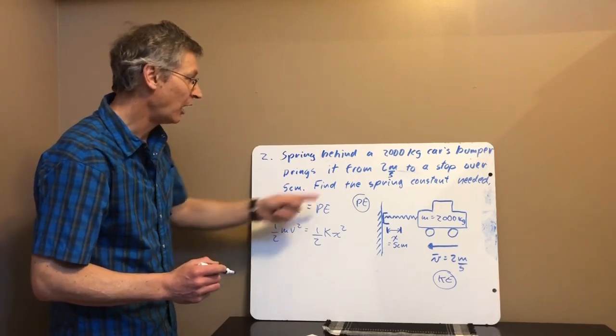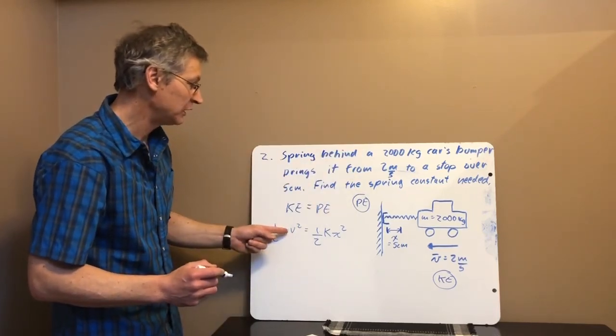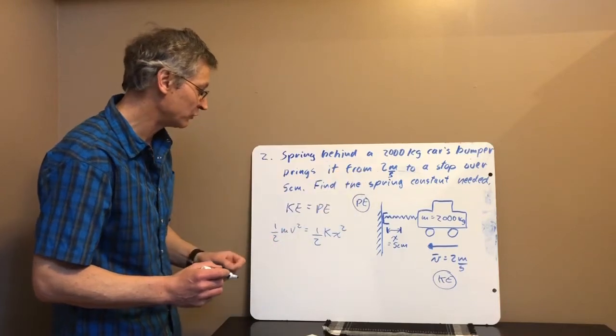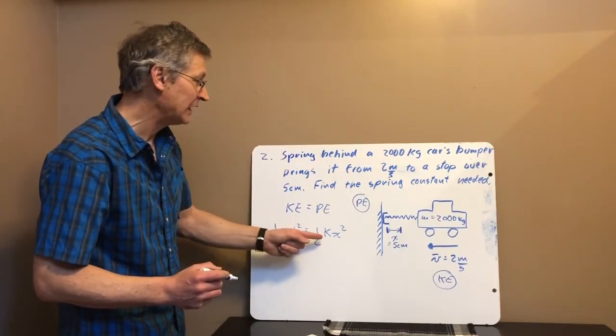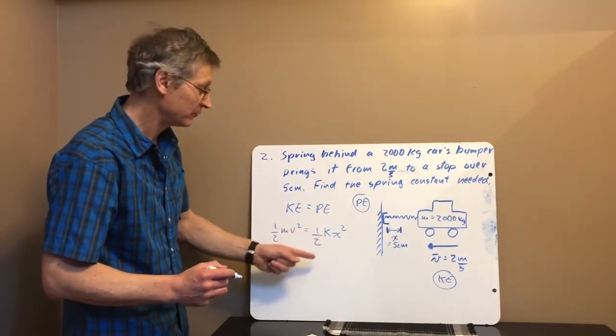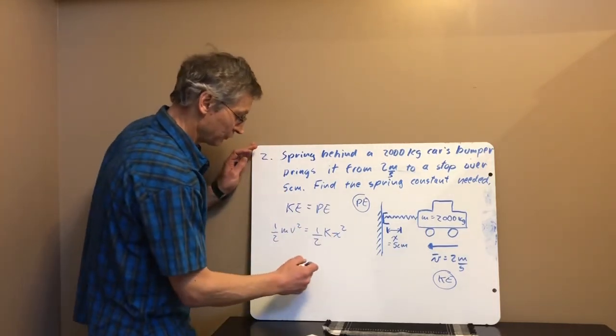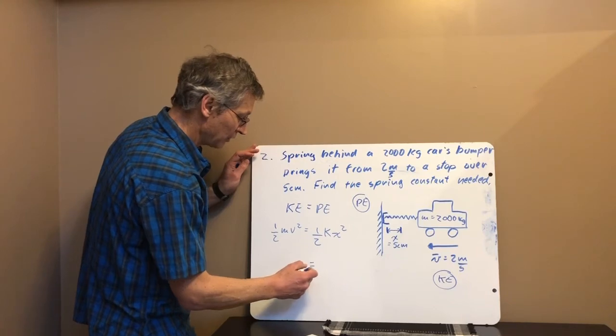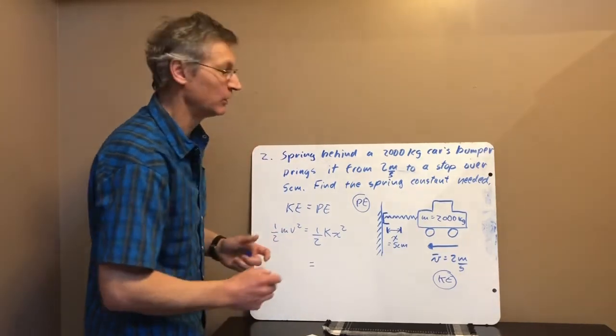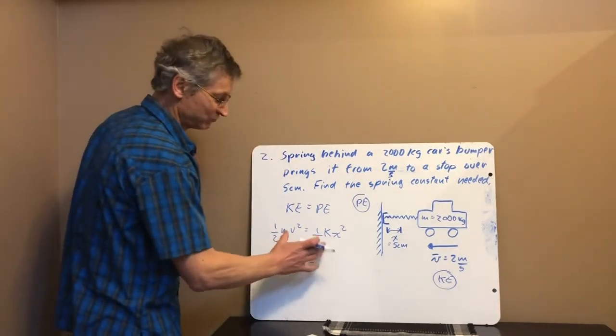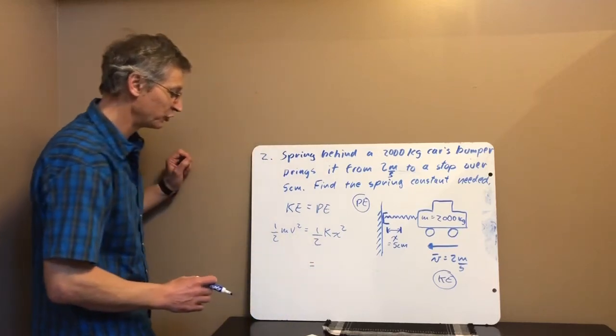Mass, I know it. Velocity, I know that as well. k is what I'm trying to find, and x is 5 centimeters. So we've got an equation. Let's solve it. I'm actually going to solve for the variable first and then substitute in.